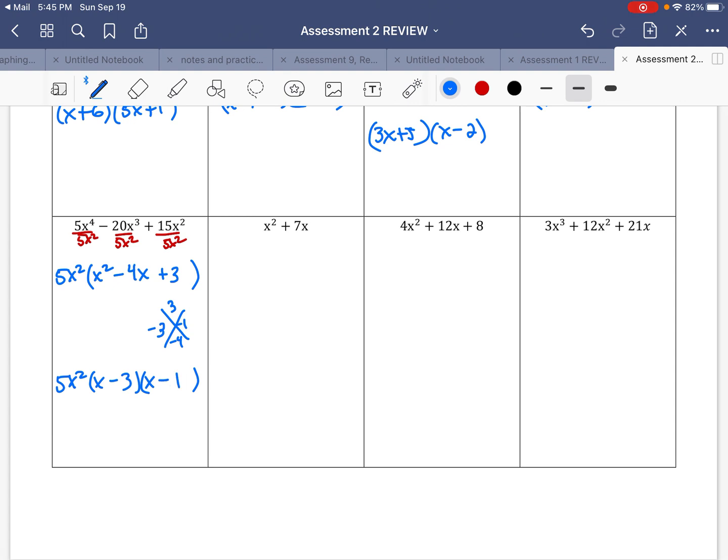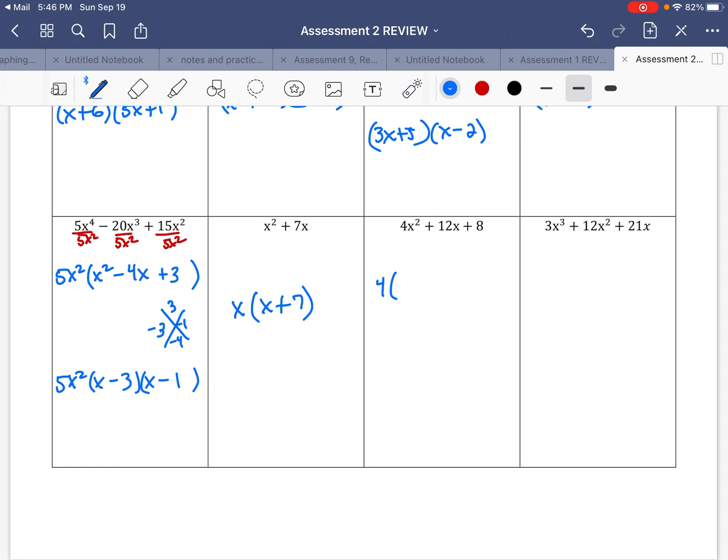All right, looking at the next problem, they have an x in common, so I'll pull that out, and that leaves me with x plus 7. That's all I can do. All right, looking at the next one, 4x squared, so they all have a 4 in common, 4, 12, and 8, I'll divide by 4.